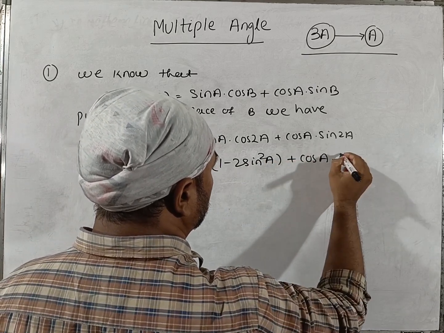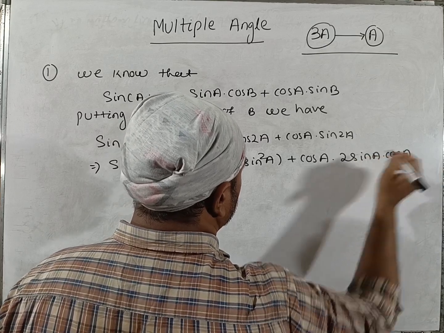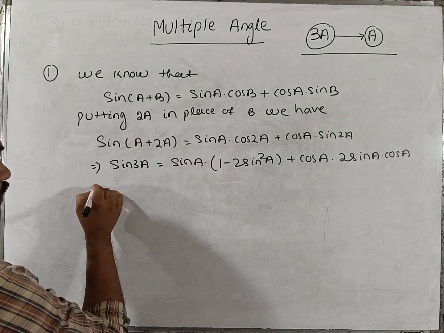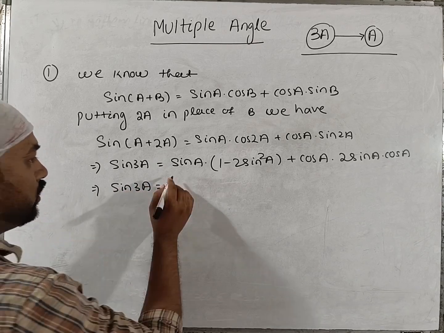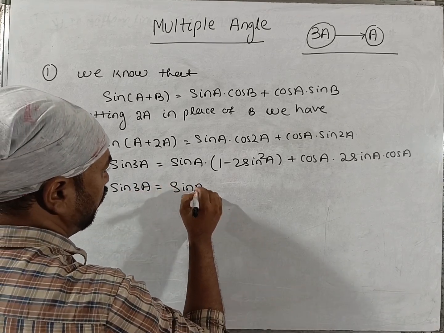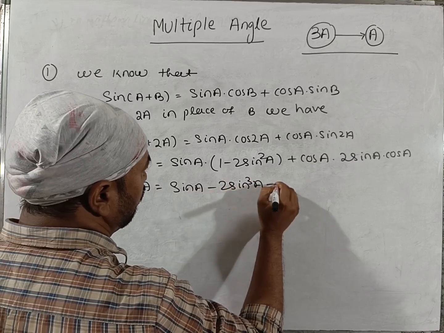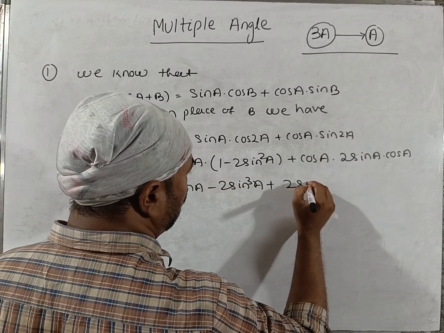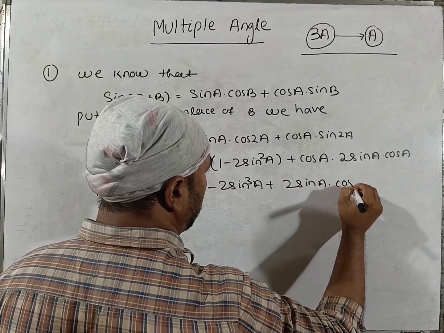The formula of sin 2a is 2 sin a into cos a. Then it is sin a minus 2 sin cube a plus 2 sin a multiplied with cos a into cos a, it is cos square a.